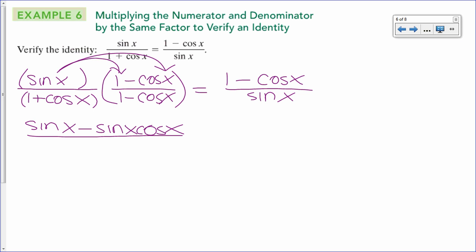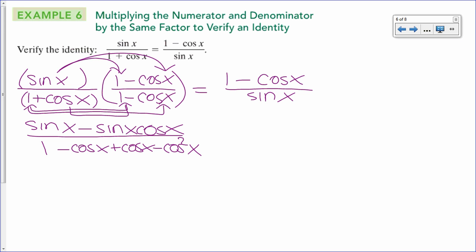Okay, so then here, if I multiply 1 times 1, that's 1. 1 times negative cosine x will be negative cosine x. And then cosine x times 1 will be positive cosine x. And then cosine x times cosine x, well, positive times negative, so it will be negative cosine square x.